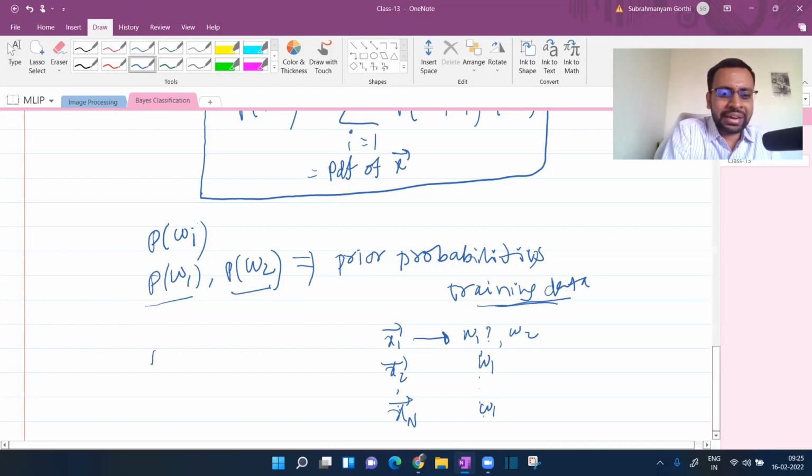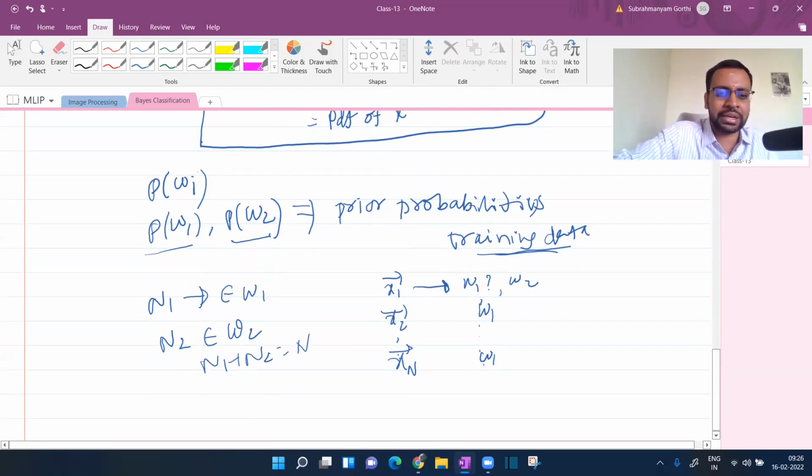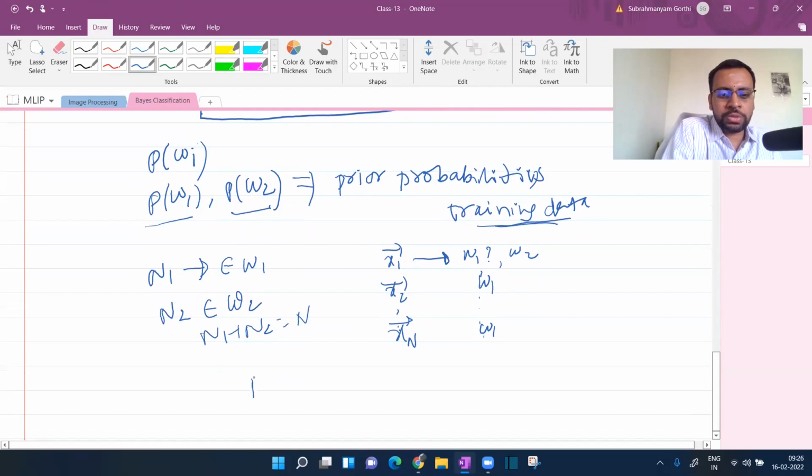Assume there were n1 feature vectors, out of this capital N, that belong to class omega 1, and similarly n2 samples that belong to class omega 2. Of course, here there are only two classes, so n1 plus n2 should be equal to n. Now, can you give me the expression for probability of omega 1?